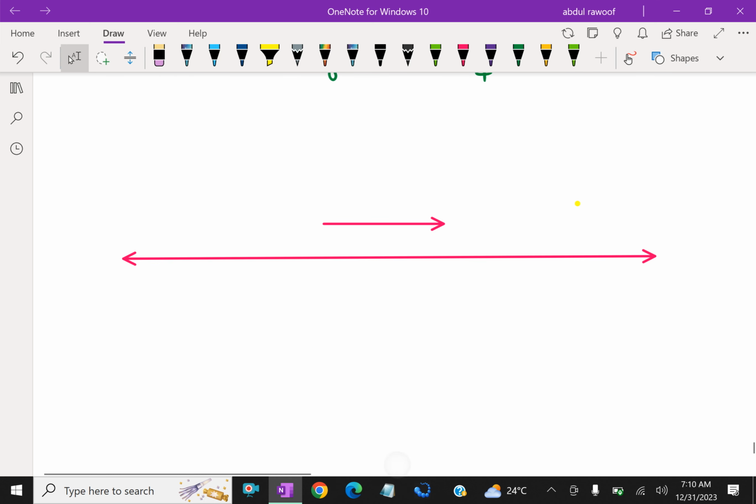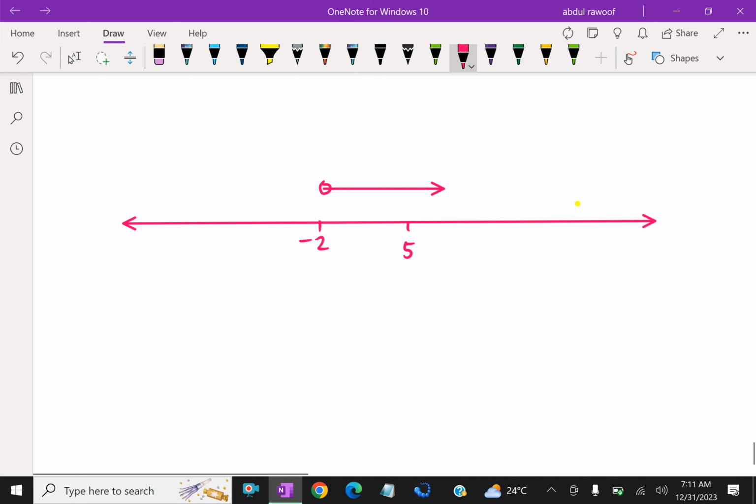Let it be -2 and this is 5. Now how do we represent this graph? So x is greater than, suppose it's a dot, means x is greater than or equal to -2.